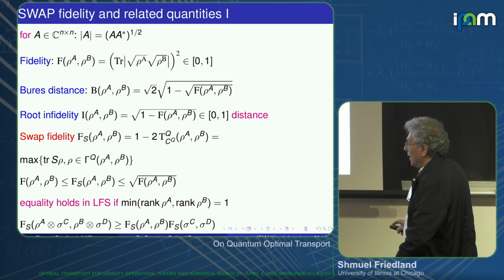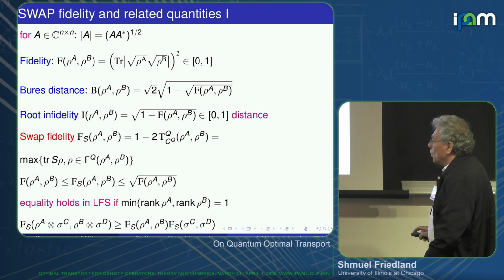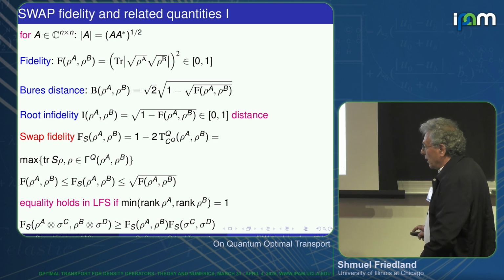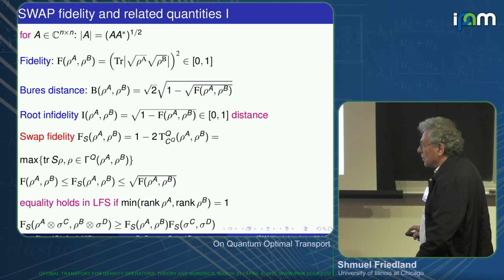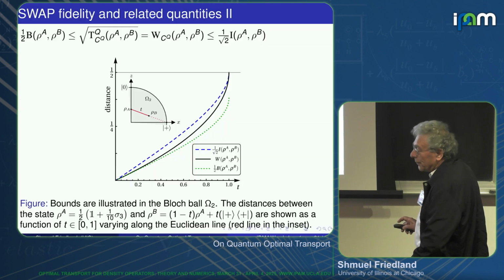Equality holds if and only if the minimum is 1. We also have what we call super-multiplicativity. If you have rho A and rho B, and you take the tensor product with C, so now this is four-partite, this is greater or equal than that.